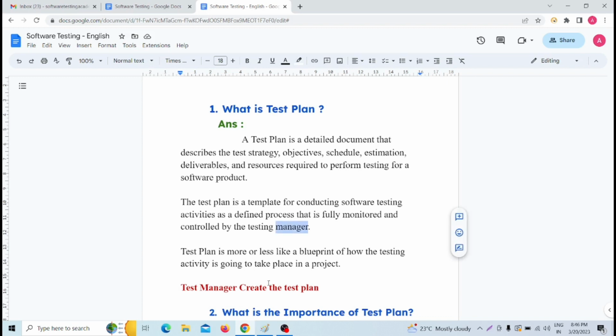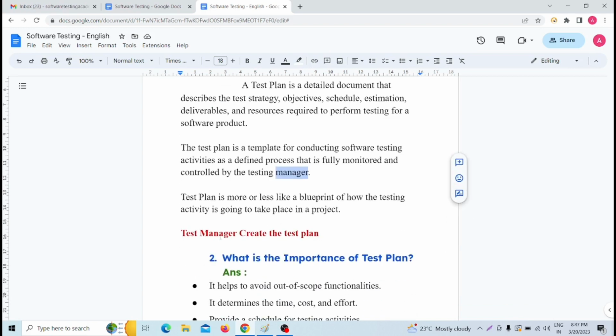That's why the test manager will create the test plan. In your interview, your interviewer may ask who creates the test plan. Then you have to say that the test manager creates the test plan.